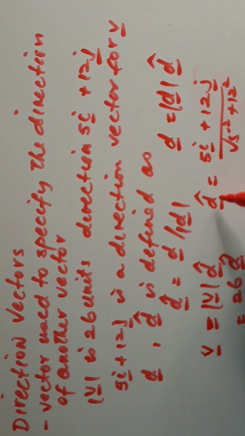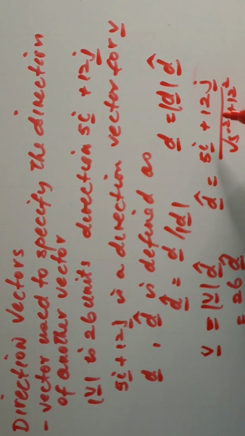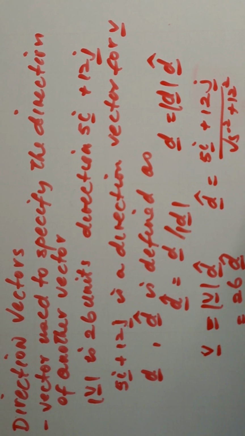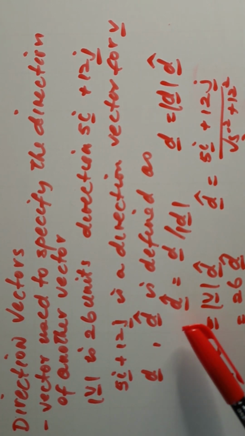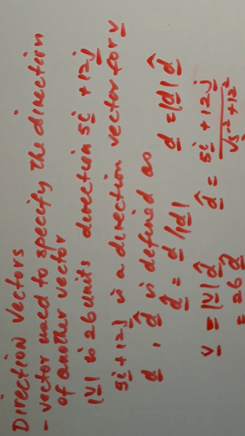Now the unit vector in this direction, 5i + 12j, is written as 1 over 13 times (5i + 12j).